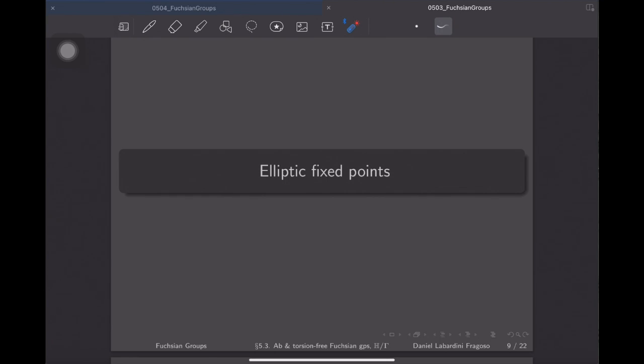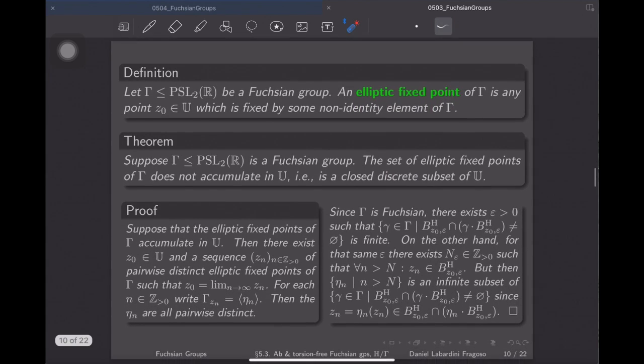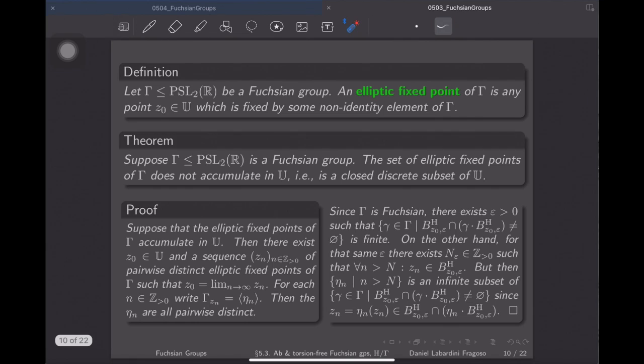So a little bit of what's the structure of the fixed points of non-identity elements if the group happens to fail to be torsion free. And then an elliptic fixed point was a point fixed by some non-identity element, right?